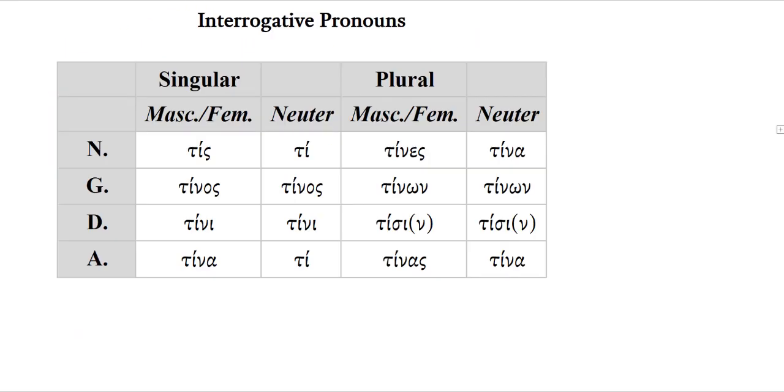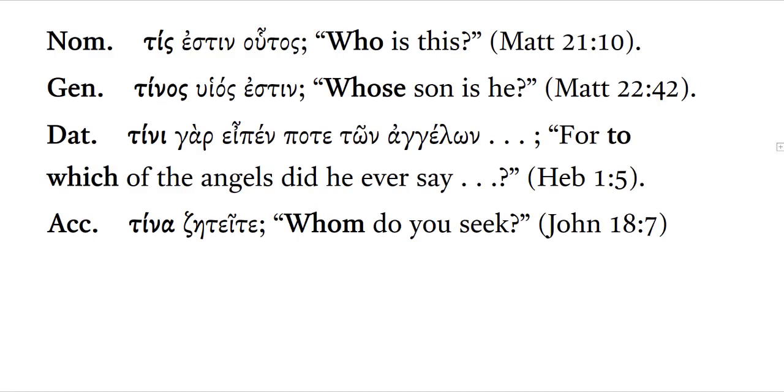Now the interrogative pronoun, right? I just told you, we're just sweeping up all the pronouns in the dustbin and presenting them to you. This is the question words in Greek. And it might be helpful to look at some examples of these first, right? You'll notice I'm highlighting here these little bitty question words. They're basically who, or of whom, or whose, to or for whom, or to or for which in this case, or whom.